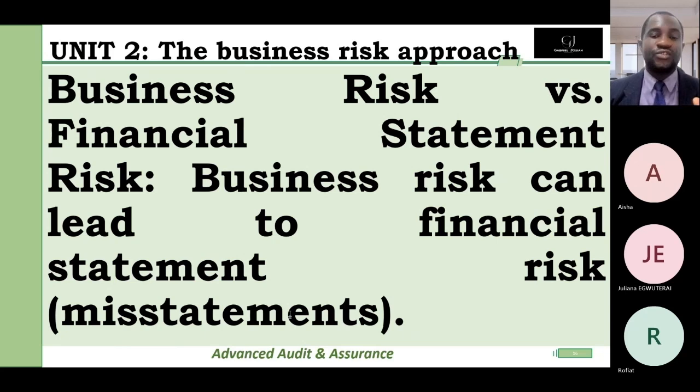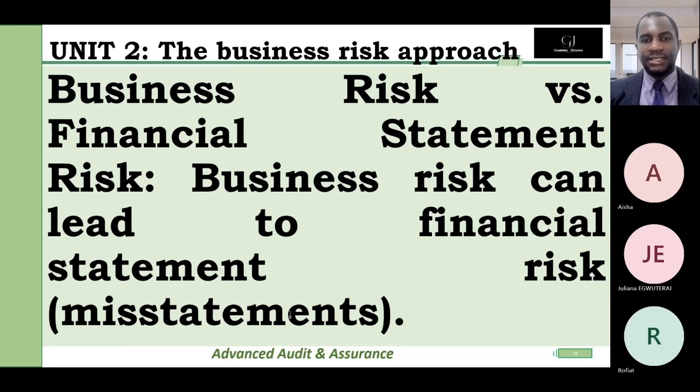So financial statement risk refers to the risk of material misstatements in the financial statements. What's the connection between business risk and financial statement risk? The connection is that business risk leads to financial statement risk. For example, the loss of a key customer, like I said, maybe a customer that provides 25% to 50% of your yearly revenue, is a business risk, while overstated receivables or a going concern issue is a financial statement risk.